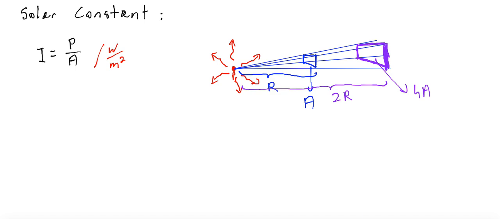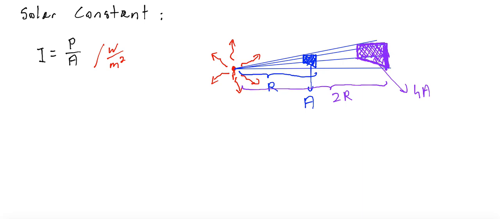That the same amount of radiation, here at closer distance, passes through a much smaller area than here at further distance. So basically, if we are 2 times further from the source of radiation, then the amount of radiation received by the same area is 4 times less.